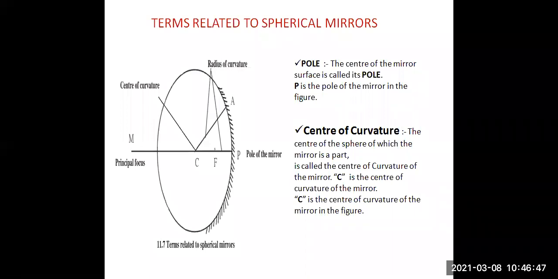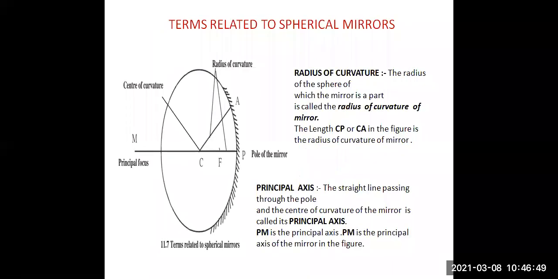By this, we will proceed towards our third term, radius of curvature of the mirror. It is the same as the radius of the circle, and you can find that CP and CA are the radii of this circle. But as we are studying mirrors, we will term this radius of curvature.